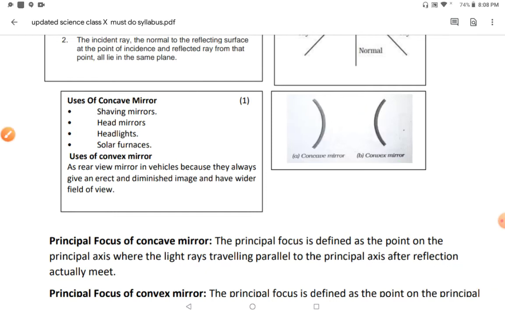So this is the main difference between concave and convex mirrors. Concave mirrors are used in shaving mirrors, head mirrors, headlights and solar furnaces. And convex mirrors are always used as rear view mirrors in vehicles, so that they can give an erect and diminished image and a wider view of the area behind the vehicle.